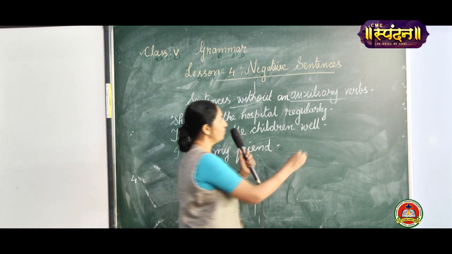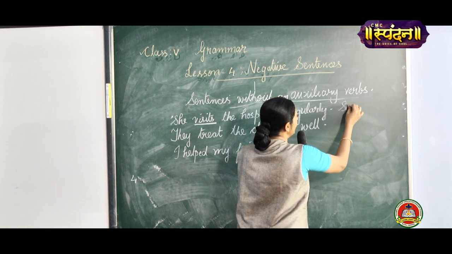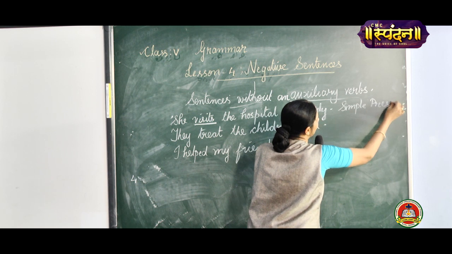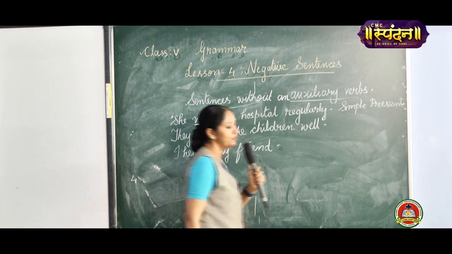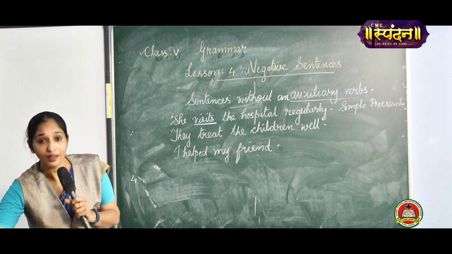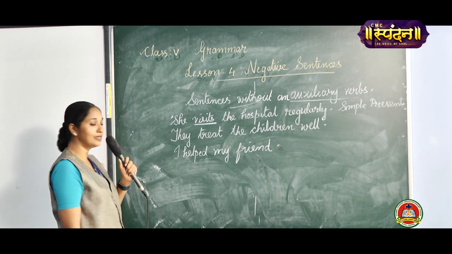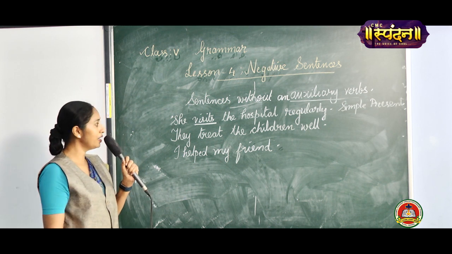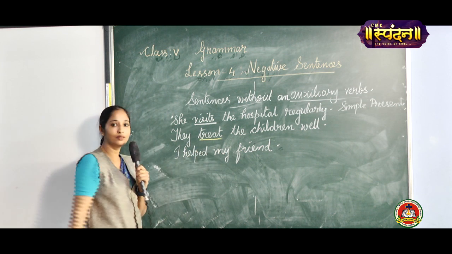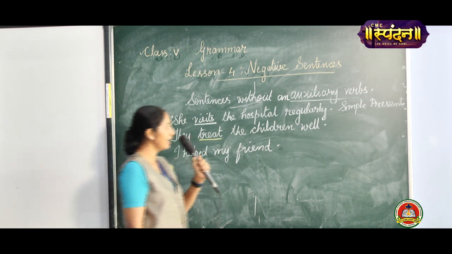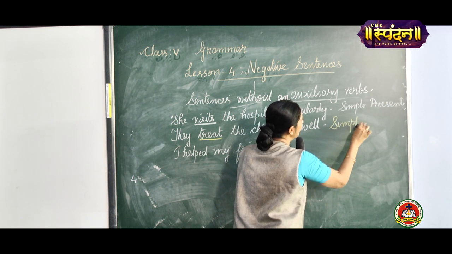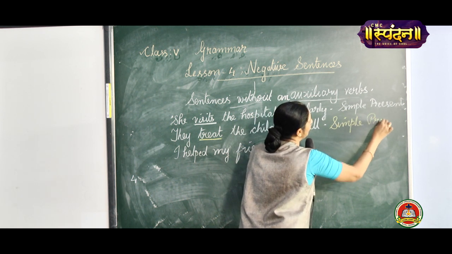You know the verb visits is in simple present. Again, have a look at the second sentence. They treat the children well. Let's underline the verb treat. Again, the verb is in simple present.